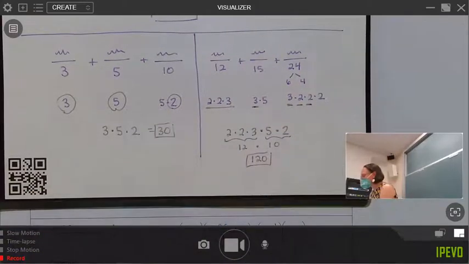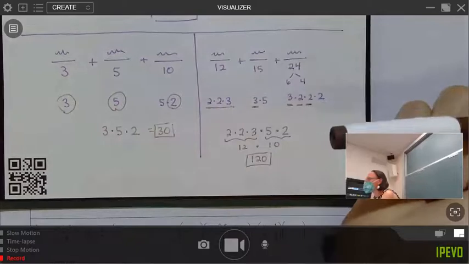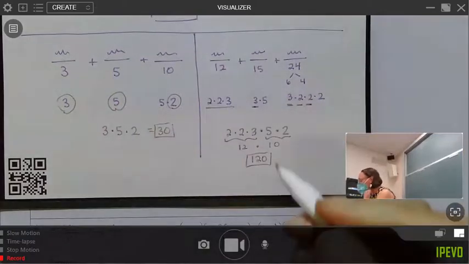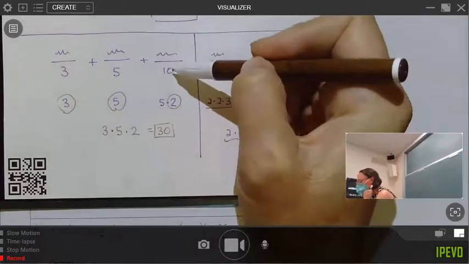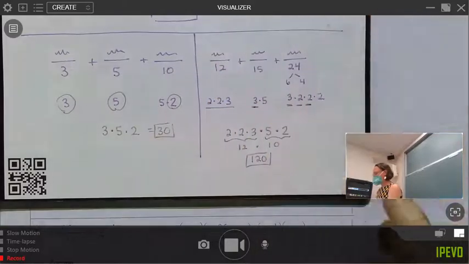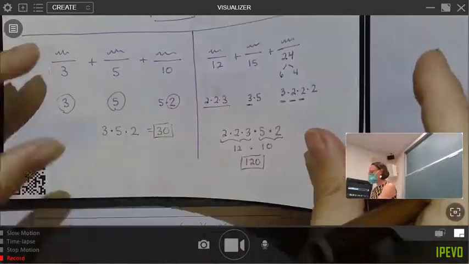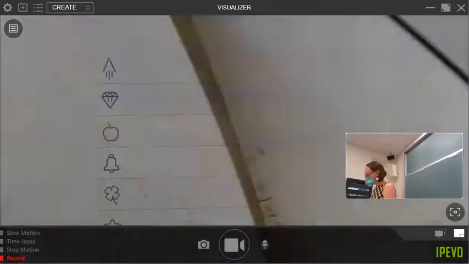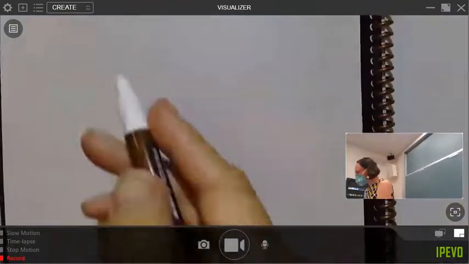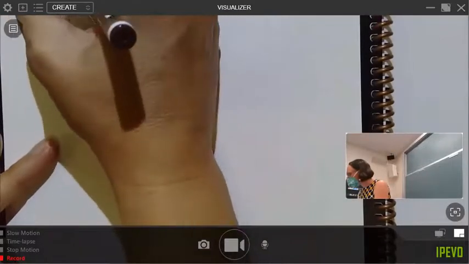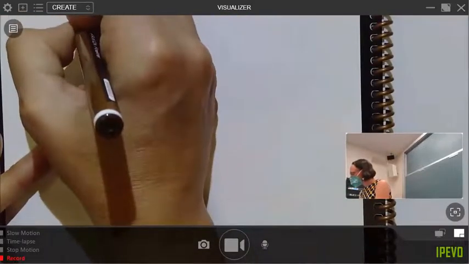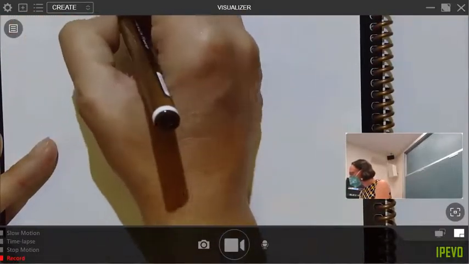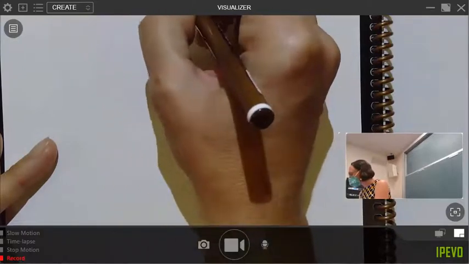So when we actually go to find the common denominator here, I know that 10, hold on, let me just write this bigger. What I have is 3, 5, and 10. So stuff over 3, stuff over 5, stuff over 10.